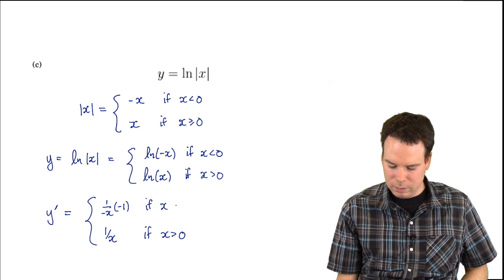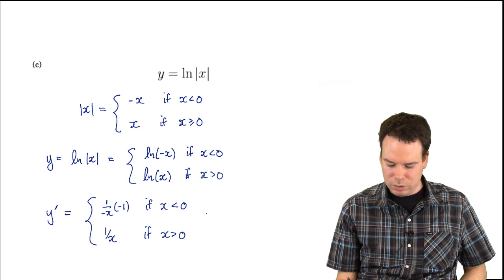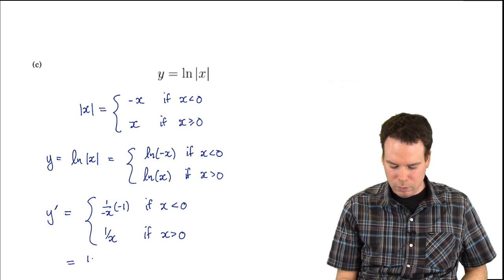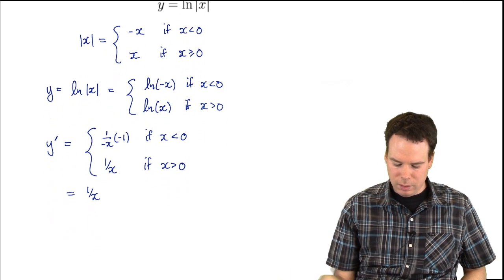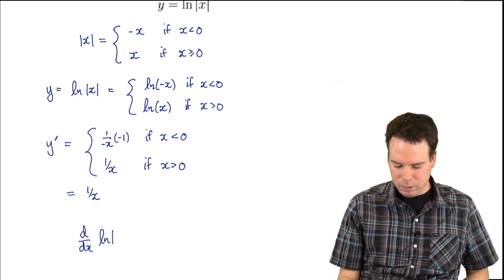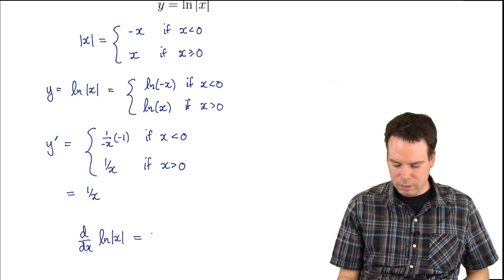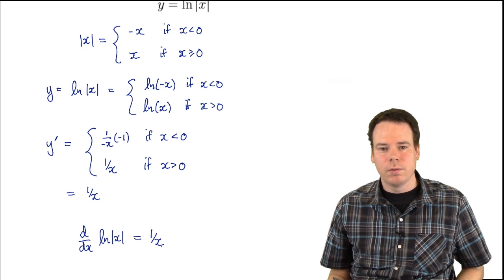That's if x is less than 0. But in either case, the expression is just the same. It's 1 over x. So what we found here is that the derivative of the natural log of absolute value of x is 1 over x. Well, that matches the derivative of ln of x.